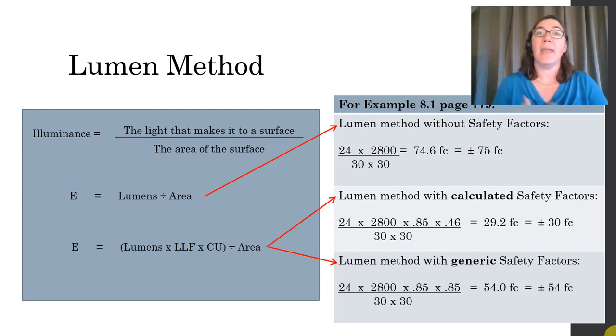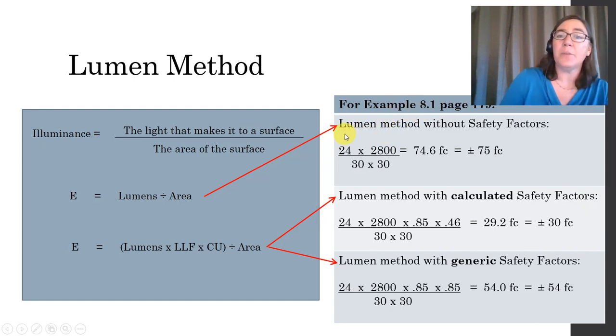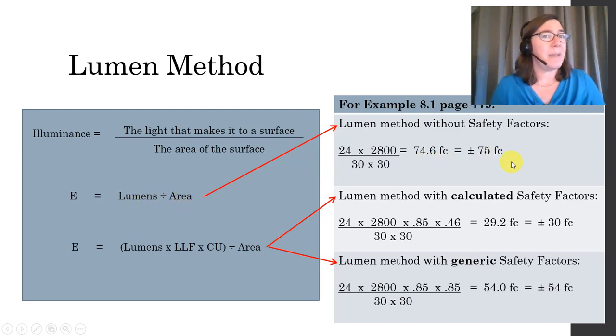Let's compare our calculations of the lumen method, all right, without any of these safety factors of the luminaire light loss factor or the coefficient of utilization, and then with those factors. So starting here, and I'm using that example 8.1 on page 179 of your textbook. If you calculate using the lumen method simply as lumens divided by area, you would expect to have about 75 foot candles in this room.